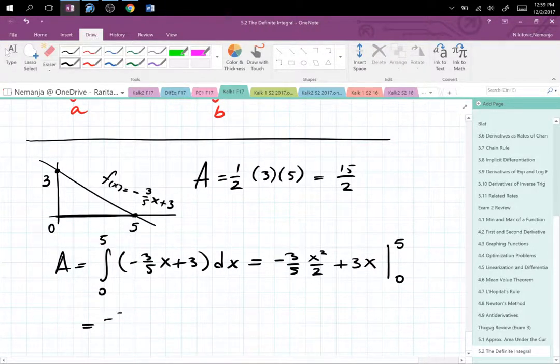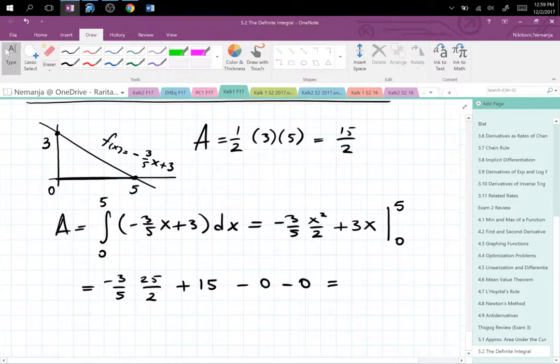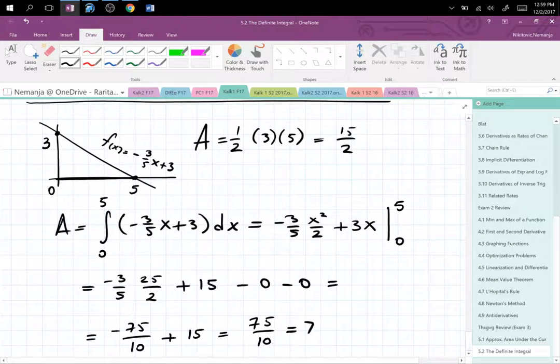This turns into negative 3/5, 25 over 2 plus 15 minus 0 when you plug in zeros. And now this works out to be negative 75 over 10 plus 15, which is 75 over 10, which is 7.5, which is actually 15 over 2.